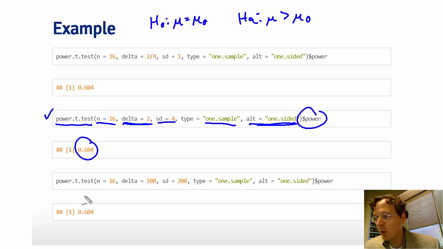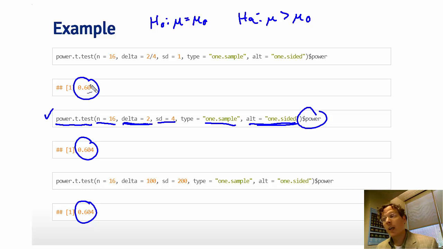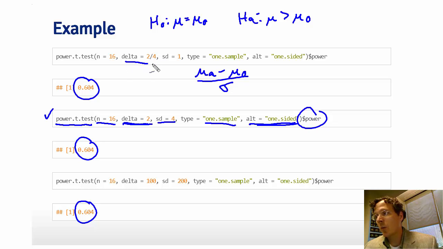What I show here, you notice in all the other examples I've given here, it also gives 60% as the number. And what I'm showing is that power.t.test, just like the normal power, only depends on the effect size, how different mu naught and mu a are divided by the standard deviation. So here I specify my delta as 0.5 and give it a standard deviation of 1.